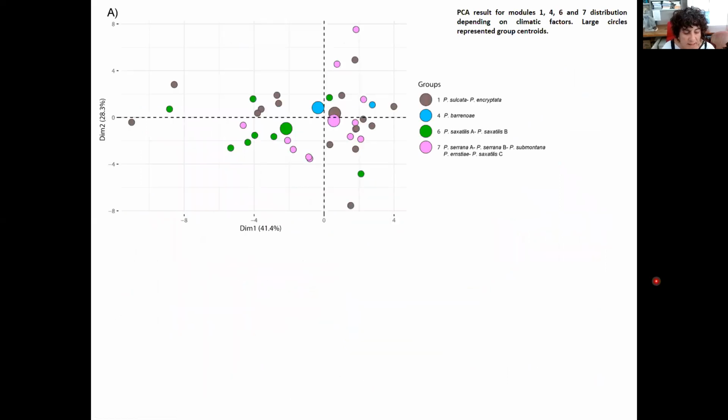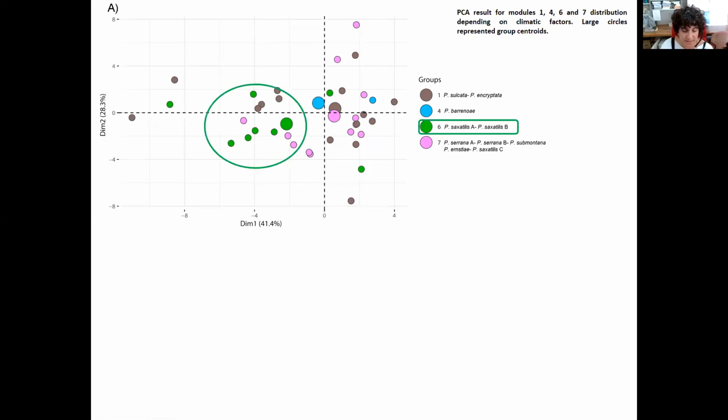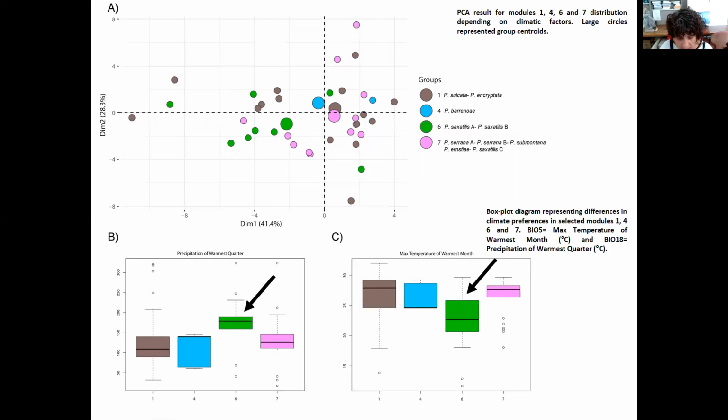However, a slight difference among the clusters was observed when only the major clusters 1, 4, 6, and 7 were analyzed in the PCA. In this case, cluster 6 seemed to be dissimilar in relation to the type of climate. Indeed, this cluster is clearly different in preferring cold and humid environments. The climatic conditions of clusters 1, 4, and 7 were not significant.